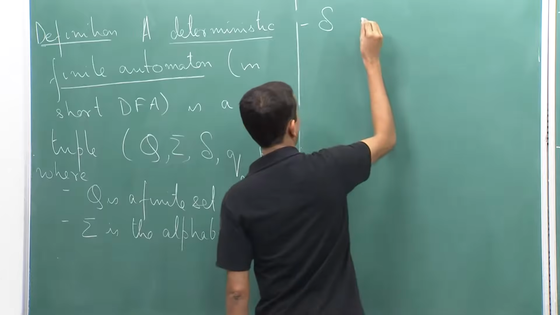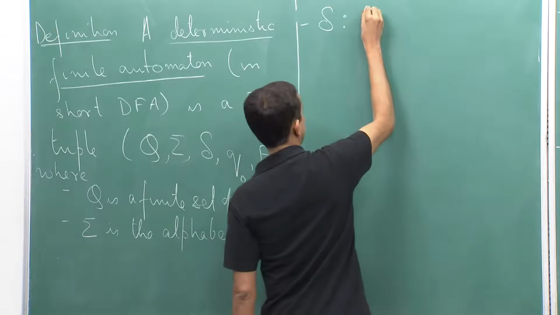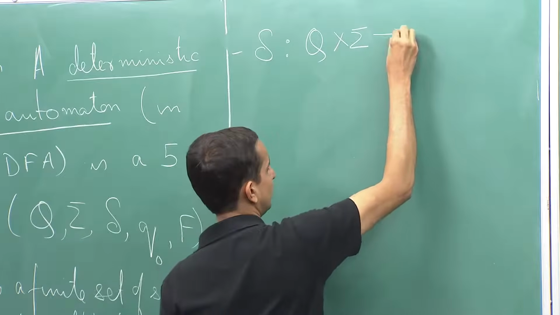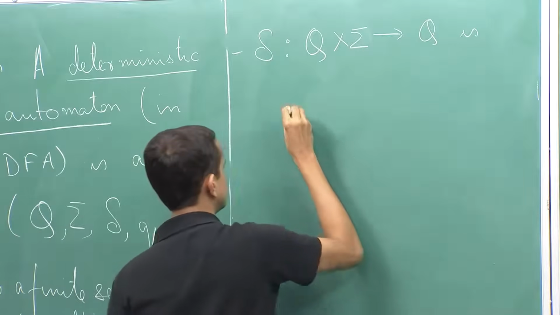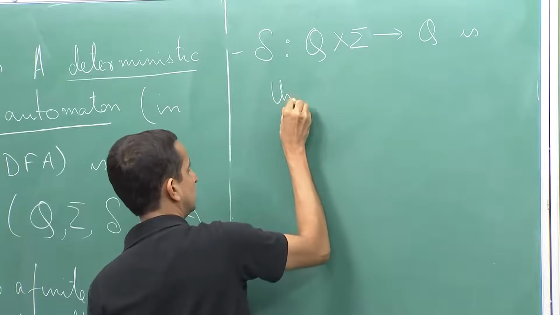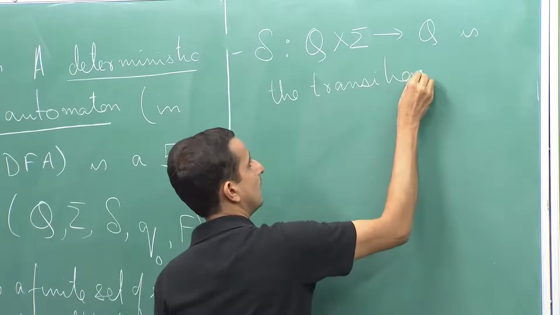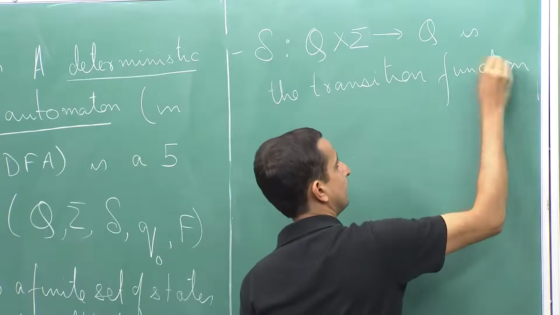So delta, which is a map from Q cross sigma to Q, is the transition function.